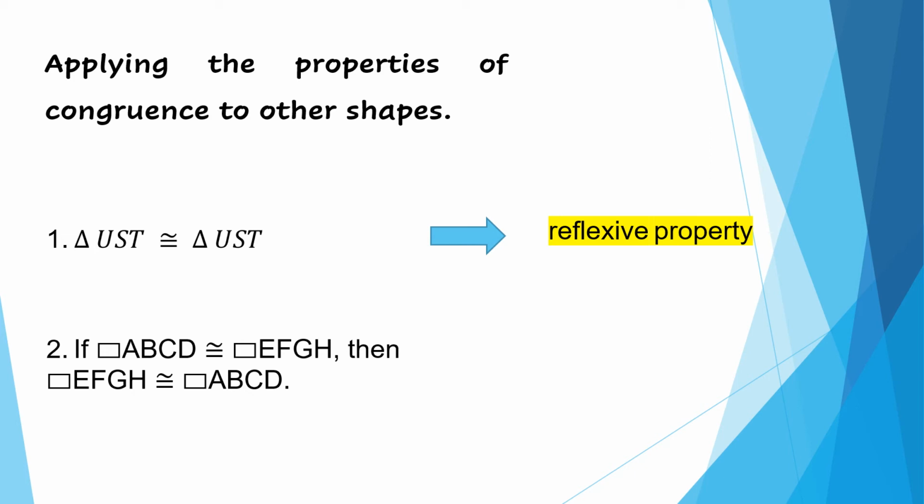If rectangle ABCD is congruent to rectangle EFGH, then rectangle EFGH is congruent to rectangle ABCD. That is correct. Symmetric property of congruence. Now, for deeper understanding on how to apply properties of congruence, let's have another activity.